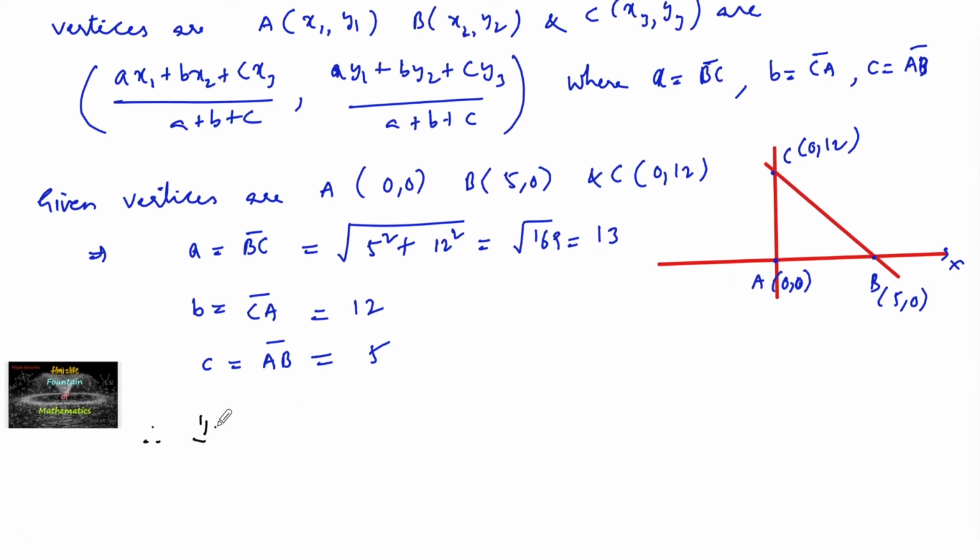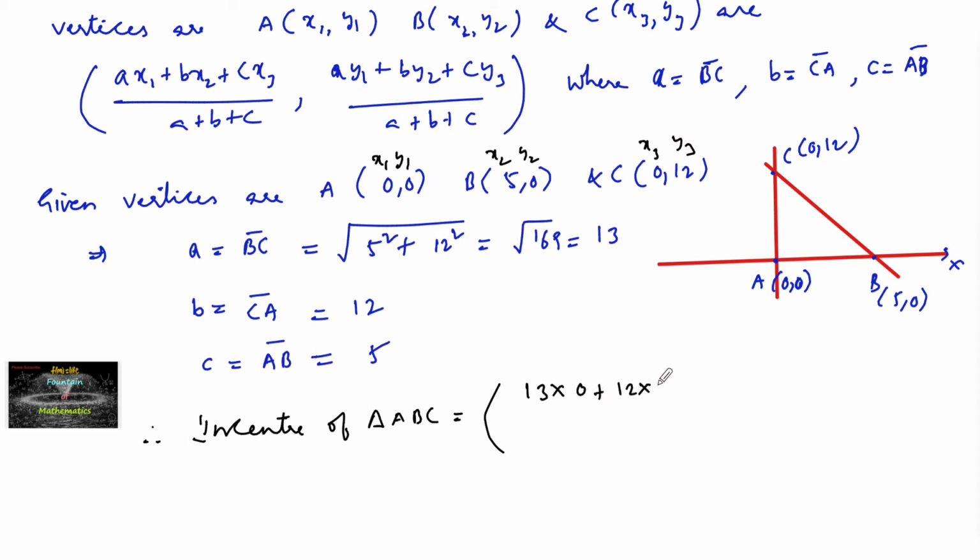Therefore, incenter of triangle ABC is equal to a x1, that is 13 times x1, which is 0. Say these are x1 y1, this is x2 y2 and the third coordinate x3 y3. So 13 into 0 plus b into x2, that is 12 into 5, plus c times x3, that is 5 times 0, upon a plus b plus c, that is 13 plus 12 plus 5.